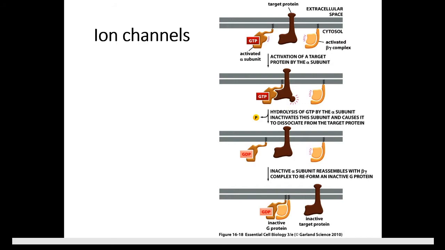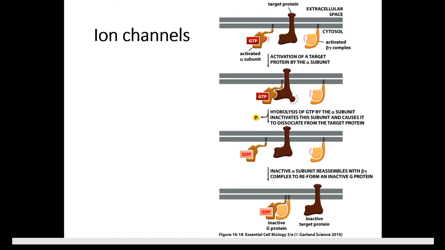First, with the GTP, it is in activated form. After binding of the target protein, hydrolysis happens at the G alpha unit of the G protein, so that the G protein becomes inactivated.